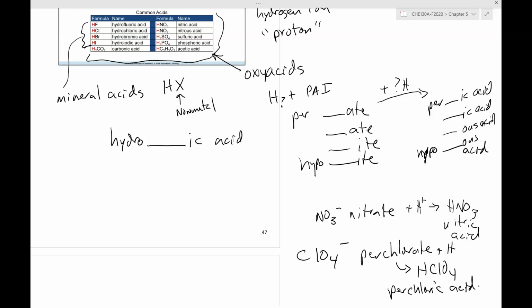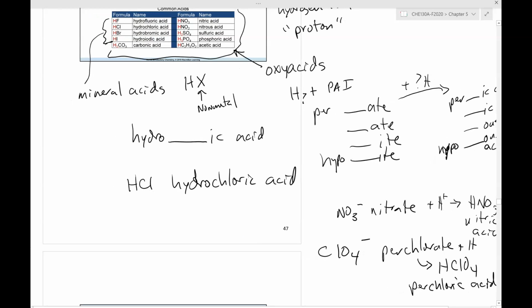But distinguishing that, if I have HCl, that's hydrochloric acid. So that's named differently. We don't use that hydro prefix if we're dealing with any of the ones that have oxygen in them. So there is sort of a system to that.